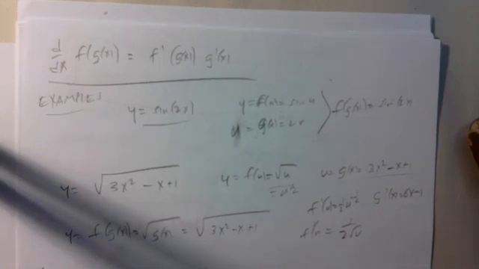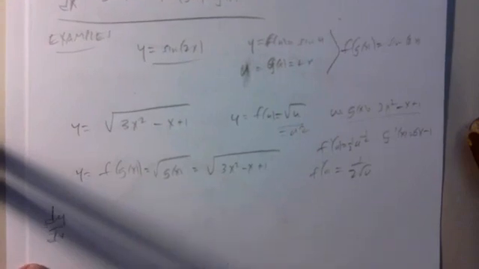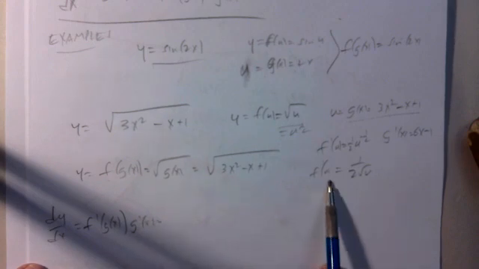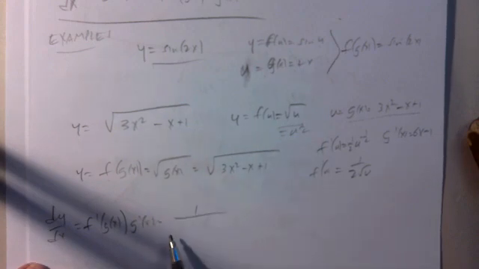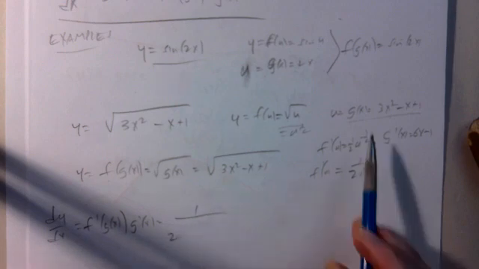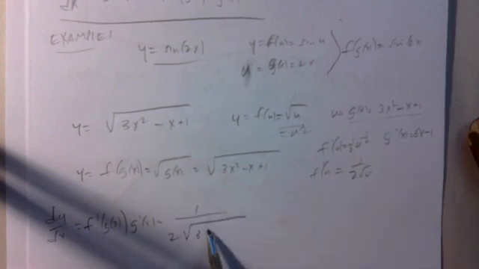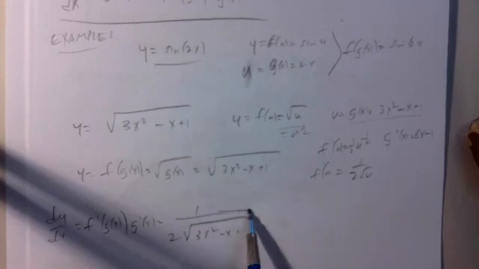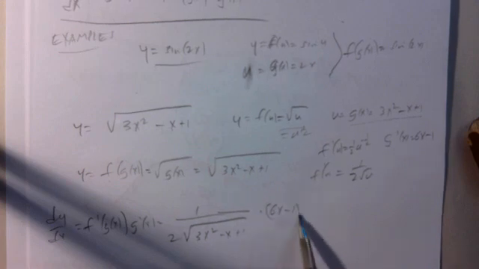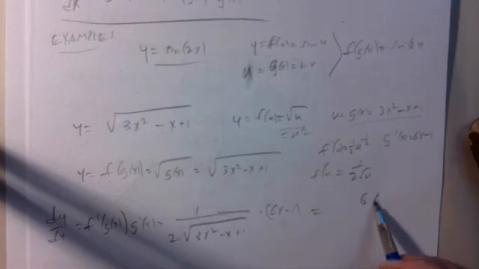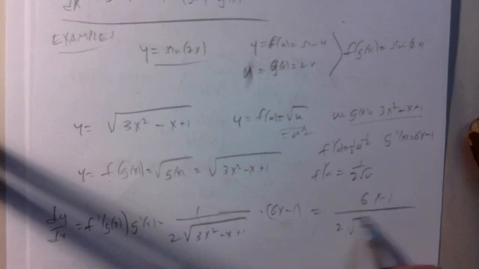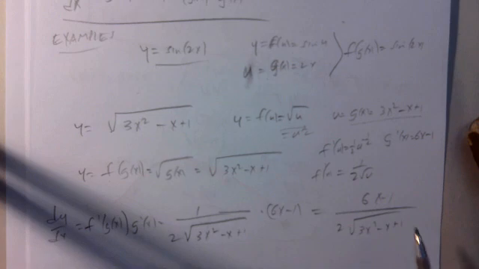So what is dy dx? It's f prime of g of x times g prime of x. f prime of u is 1 over 2 times the square root of u, and u is 3x squared minus x plus 1. And g prime of x is 6x minus 1. So we get 6x minus 1 over 2 times the square root of 3x squared minus x plus 1.